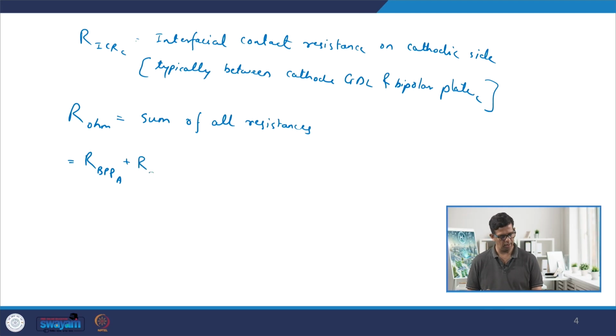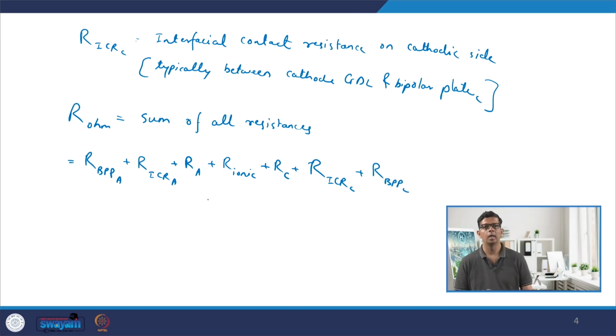Then we have R ICR anode plus R anode plus R ionic plus R cathode plus R ICR cathode plus R bipolar plate cathode.